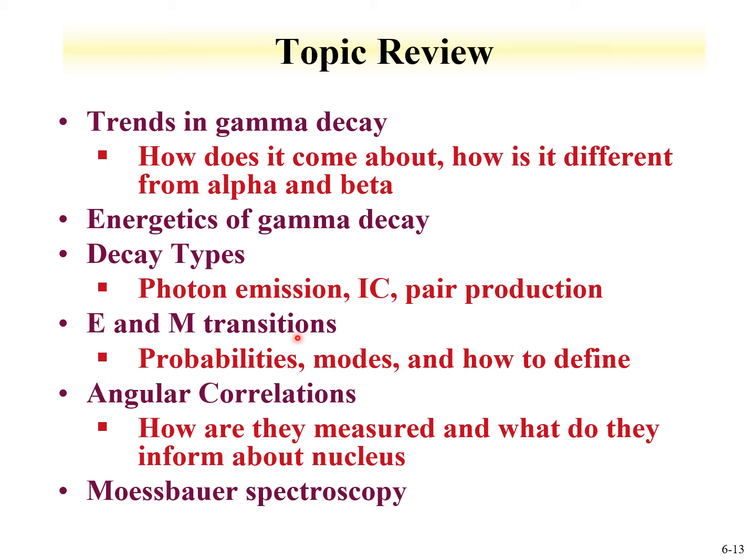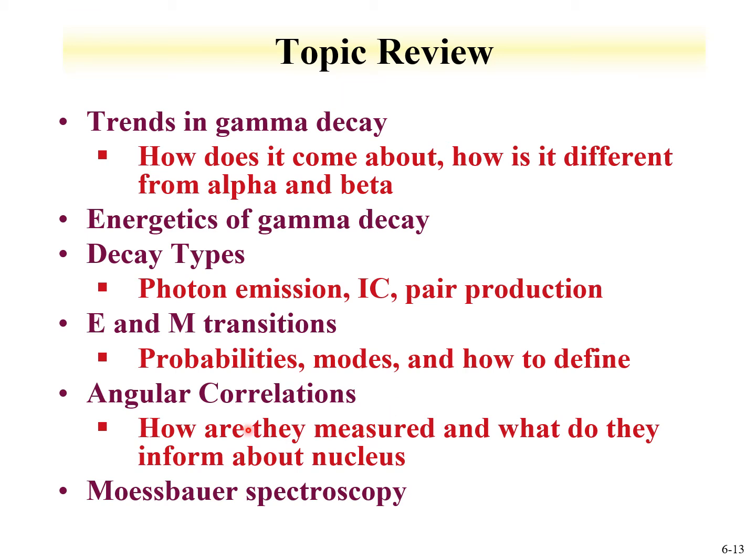You should understand something about angular correlations, fundamentally that they occur, and then what does that mean about something in the nucleus, and how are they measured? So we went into some details about angular correlation in the lecture, but a lot of that information you should just view as background.